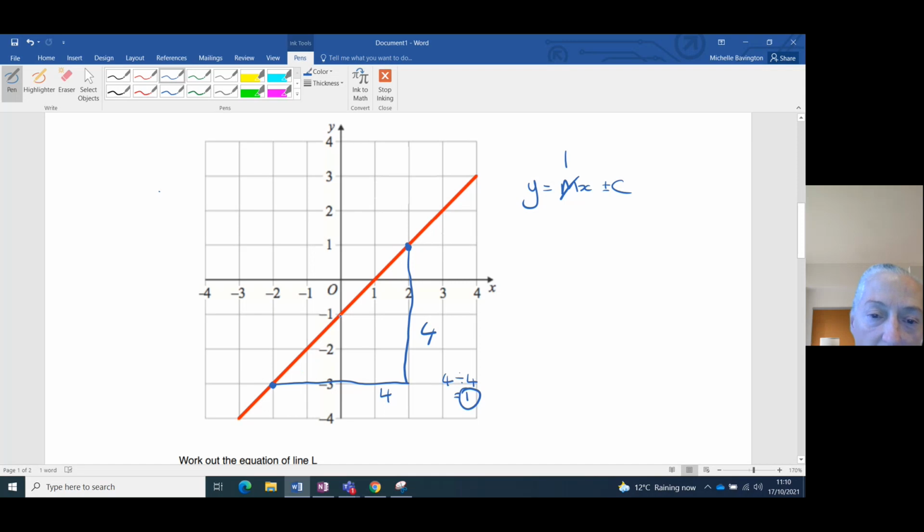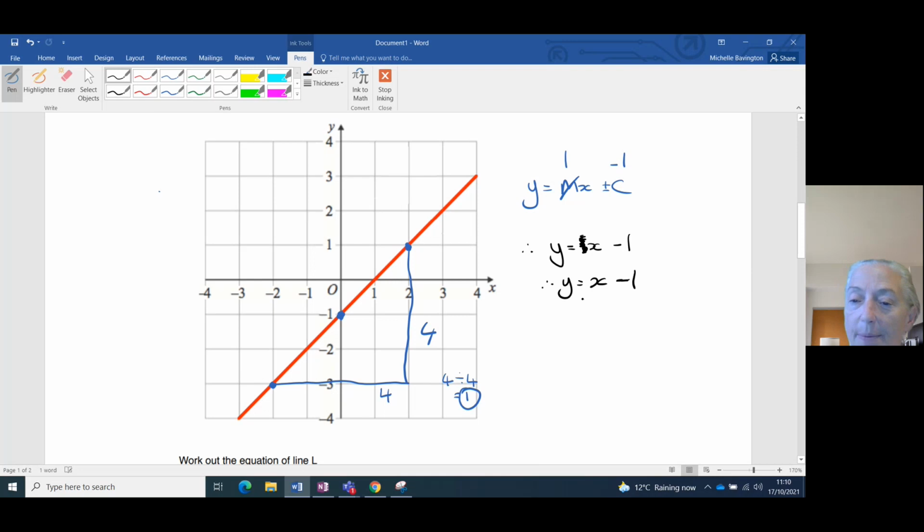And where does it go? Ah, it goes over the y-axis. It crosses over at -1. So therefore, I've got y equals 1x minus 1. Now, you don't have to show that 1. It could just be x. You won't lose marks if you do, so it's not a problem, but it just looks neater without that.